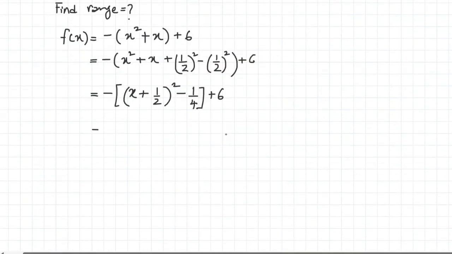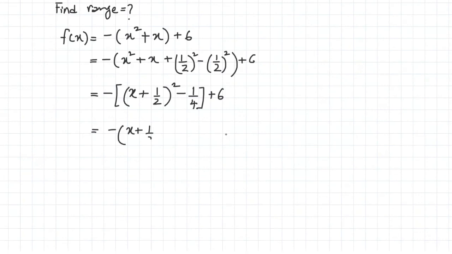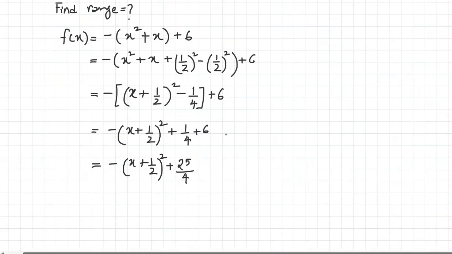Now expand the negative. This is going to be minus (x plus 1/2) squared plus 1/4 and plus 6. Finally, I can write my answer as minus (x plus 1/2) squared plus 6 times 4 is 24, add 1, so that's going to be 25 divided by 4, which is roughly 6 point something.